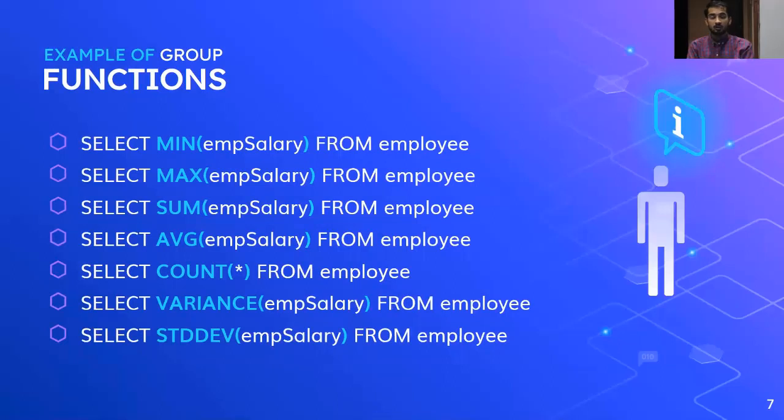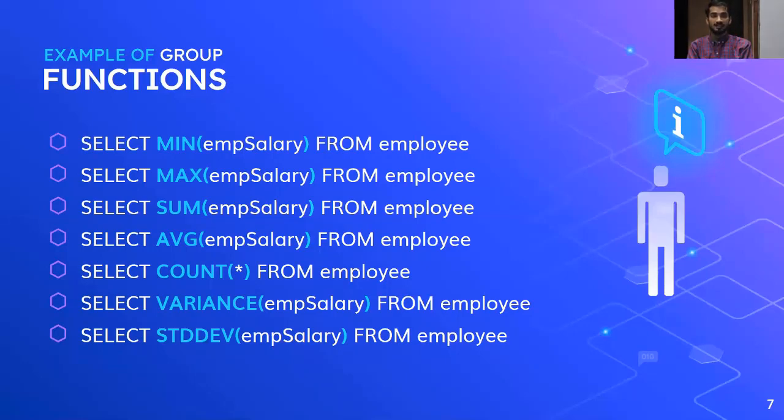So this is the syntax of how we can use minimum, maximum, sum, average, count, variance, and standard deviation functions. In the first line, you can see select min of employee salary from employee. So from the employee table, it returns the minimum salary of an employee.